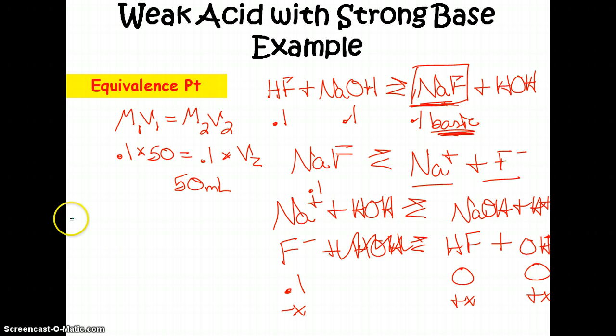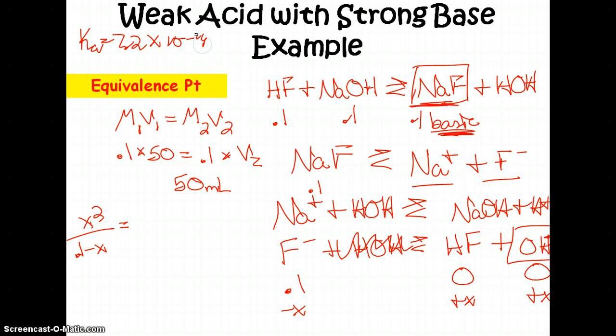All right, and then when you do products over reactants, you get x squared over 0.1 minus x, and that's equal to, again, the Ka, which is the, oh, wait, we're wrong. We're not looking for Ka, now we're looking for Kb. So we must find the Kb. So we know that the Ka was the 7.2 times 10 to the negative fourth.